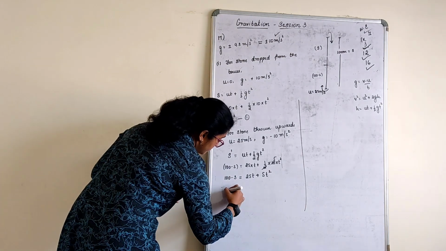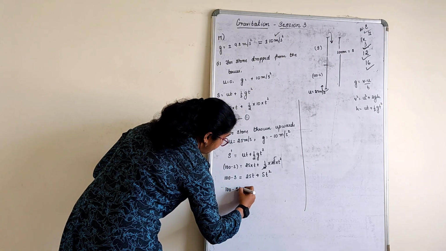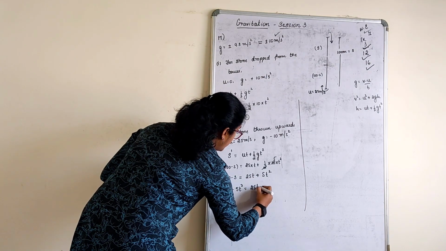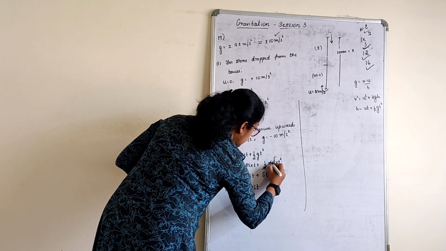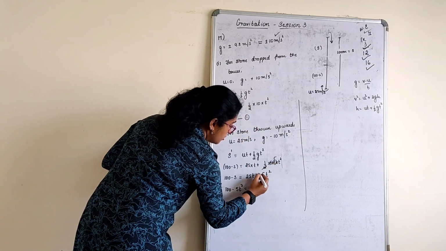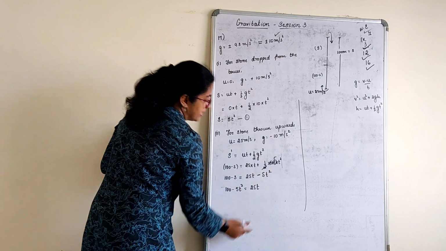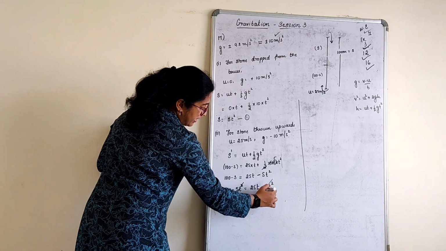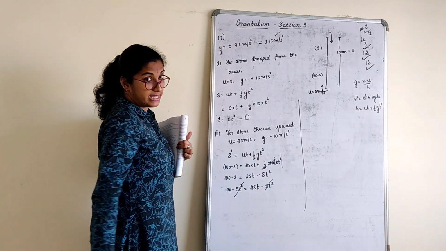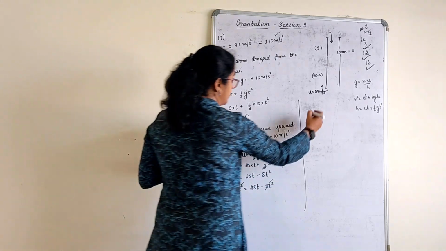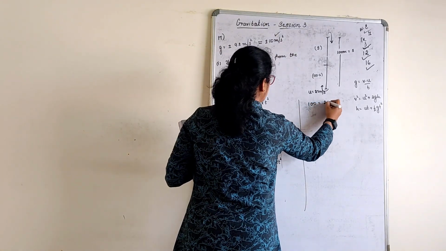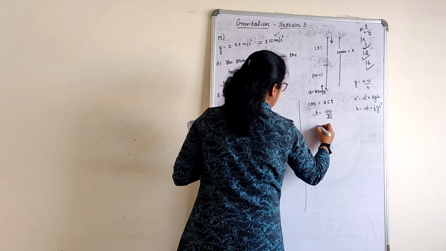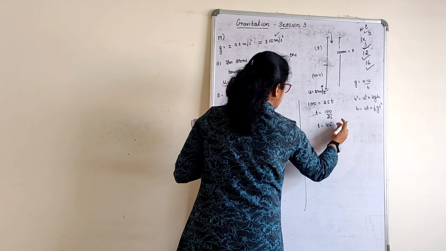Substitute here. 100 minus 5t square is equal to 25t. g is minus 10, so this also comes minus, minus 5t square. Can I cancel 5t square and 5t square? I had not taken g as minus. Okay. What remains here now? 100 is equal to 25t. So t is equal to 100 upon 25. So t is equal to 4 seconds.